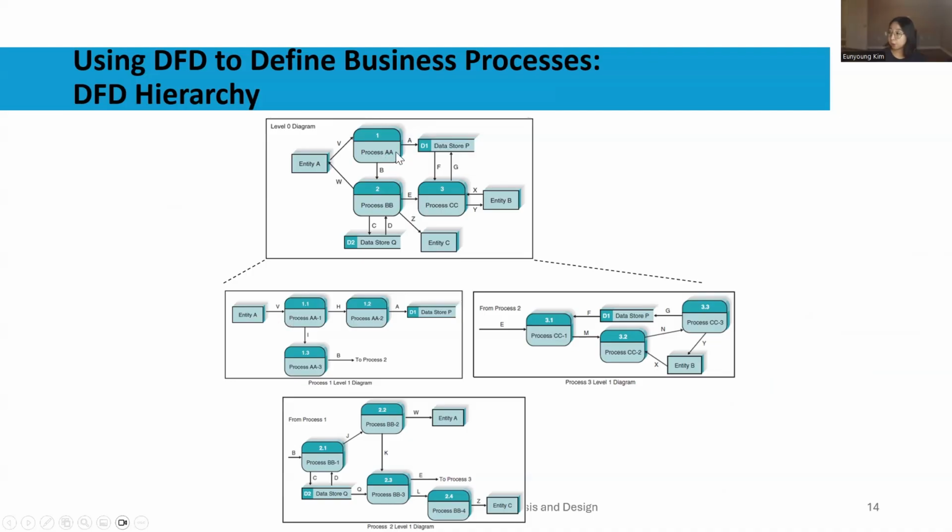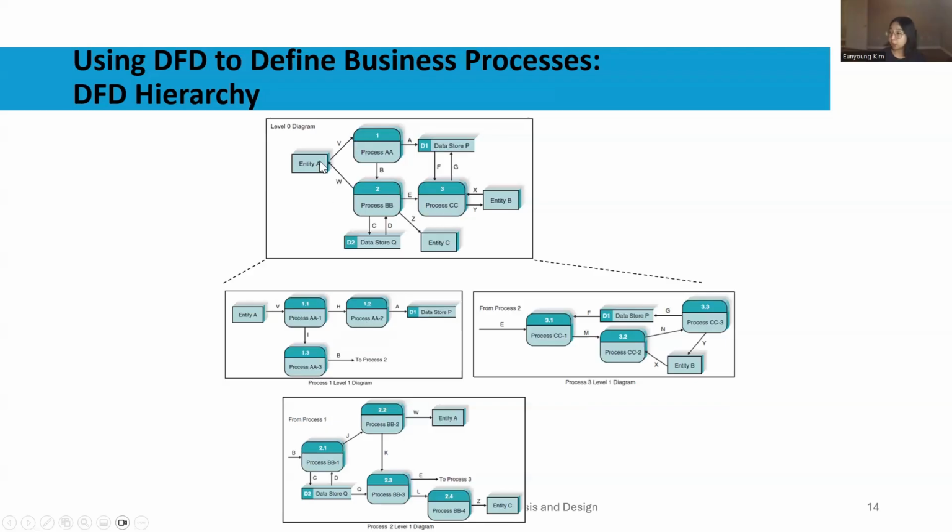And also after the process AA1, we get the data store P, as the data flow A should go to data store P, right? And also, as you can see in this child diagram, after our AA2 sub-processes, data flow A will go to the data store P. These processes AA1, AA2, and AA3 are different from the parent diagram because we break down this process AA1 into these sub-processes, right?